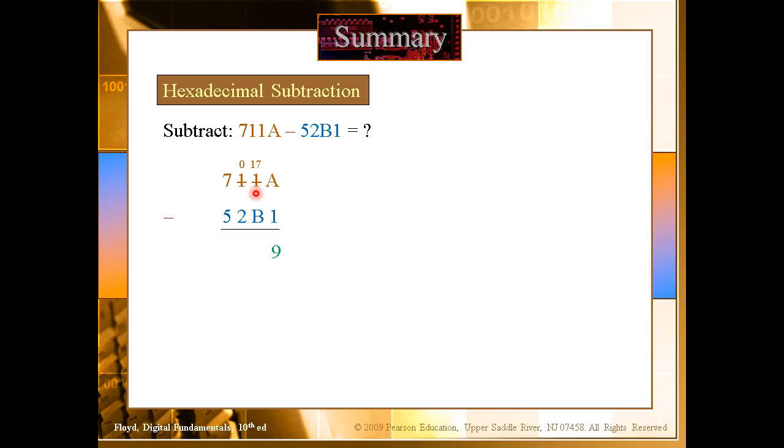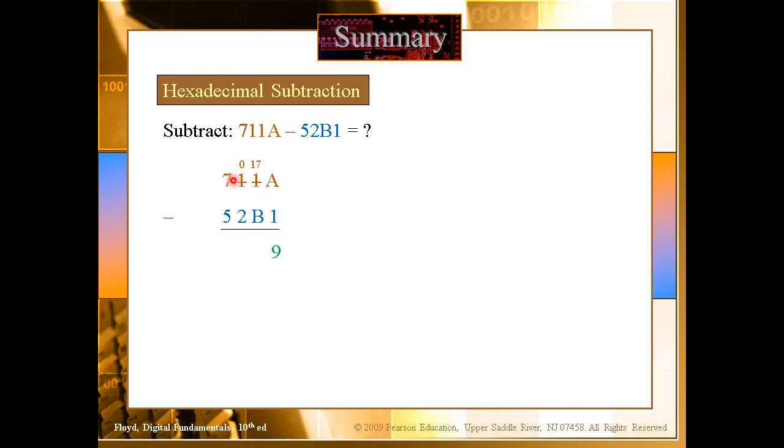Now this is how it works. When you borrow 1, look at this. I borrowed 1. Now this becomes 17. Why? Because you added 16 to this column. We already had a 1 there, but you borrowed 16, so now it's 16 plus 1, which becomes 17. But the column where you borrowed, we had a 1 there. Now the 1 is gone, it becomes 0.